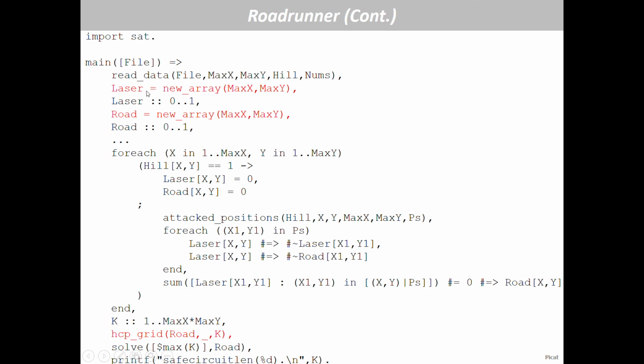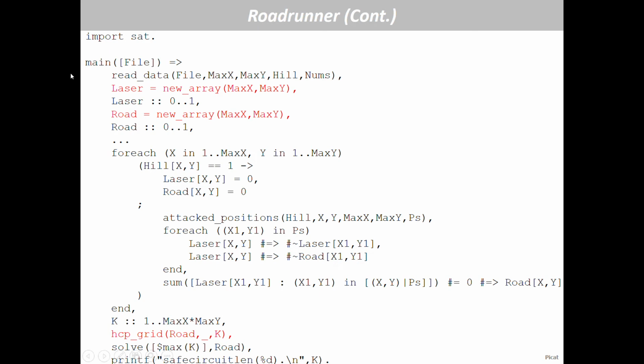It uses a two-dimensional array of 0-1 variables named laser. A cell is 0 if no laser kit is installed there, and a cell is 1 if there is a laser kit installed there.